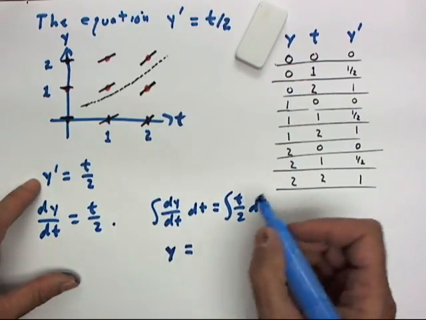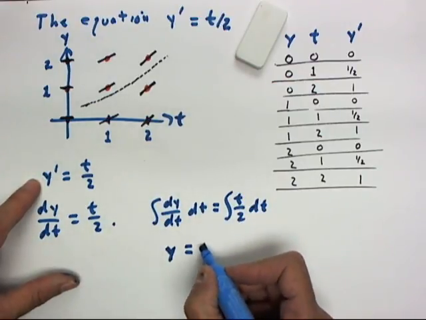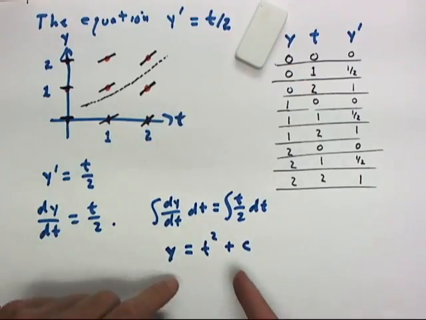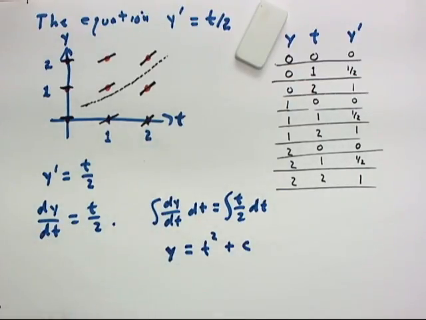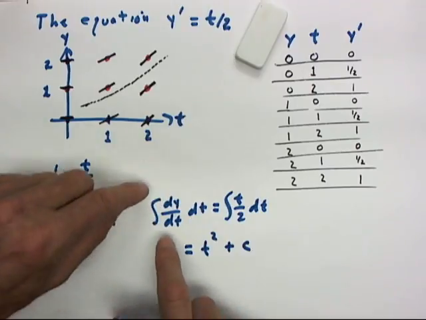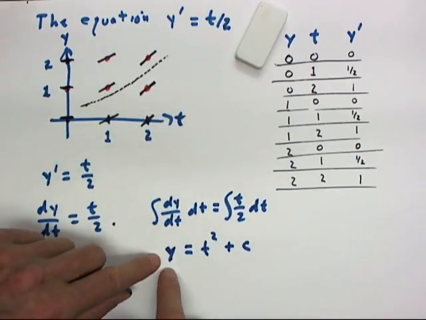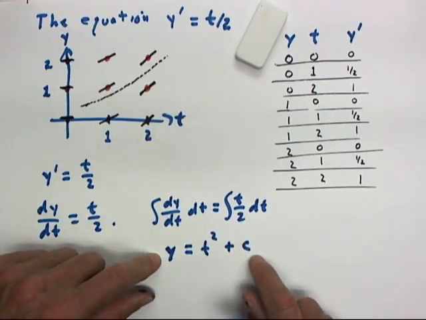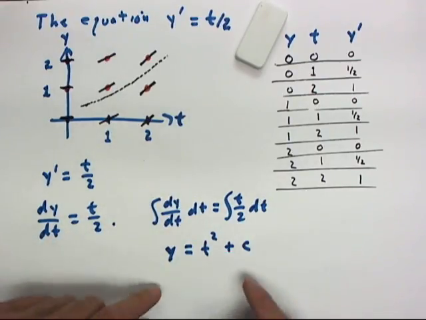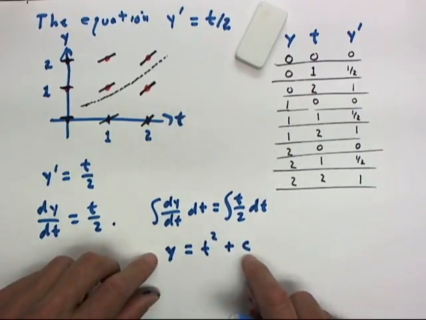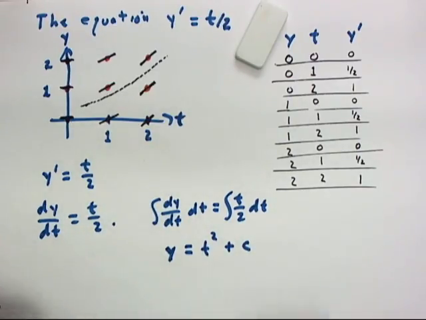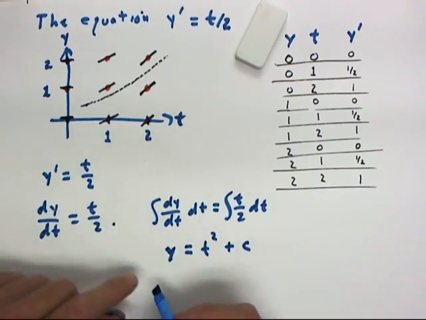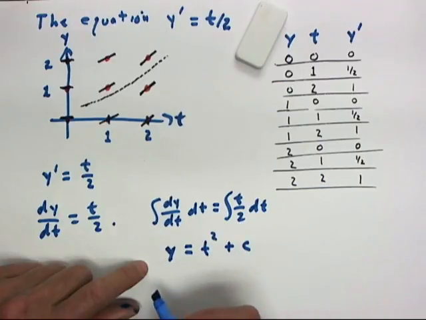And the integral of t over 2 with respect to t is t squared. And of course we have an integration constant on both sides, so that by the fundamental theorem of calculus, this side will give us y plus some constant. This side will give us t squared plus another constant. We just absorb both of those constants together, call the constant c, so that a solution to this equation is the function y equals t squared plus c.